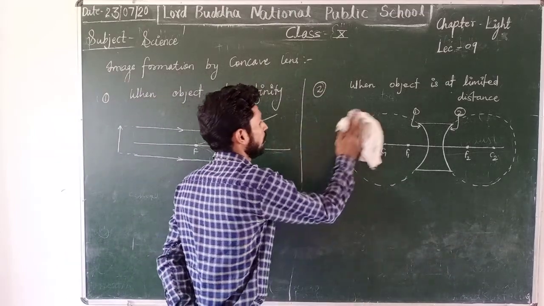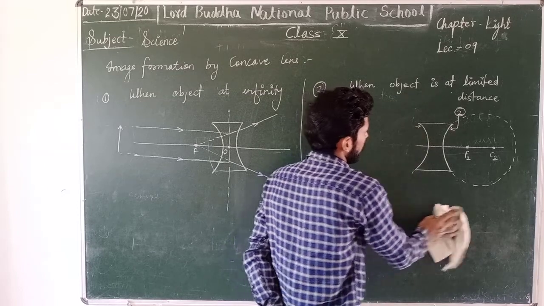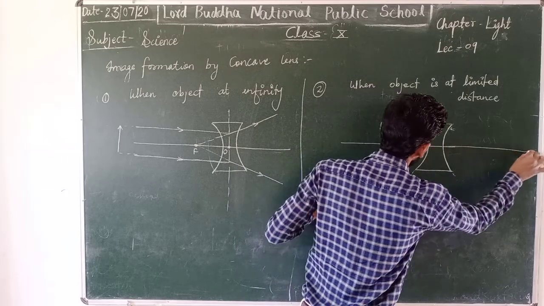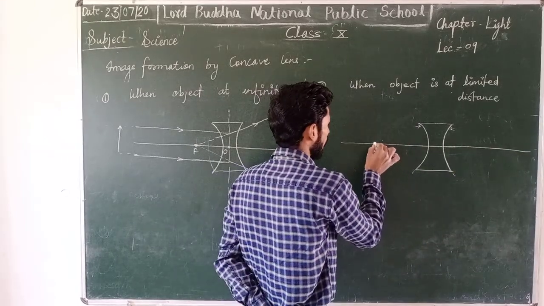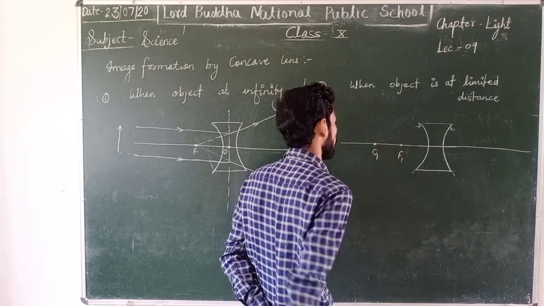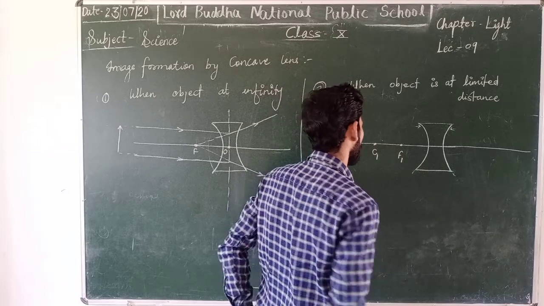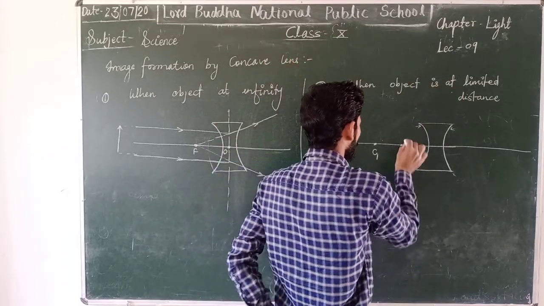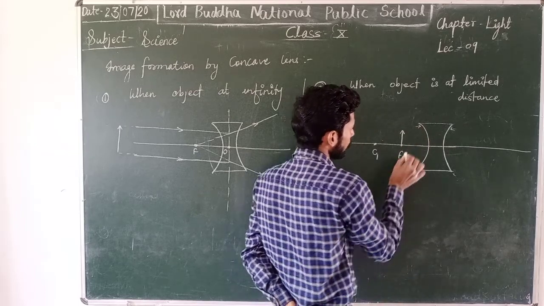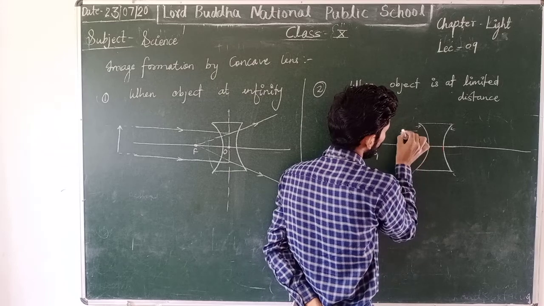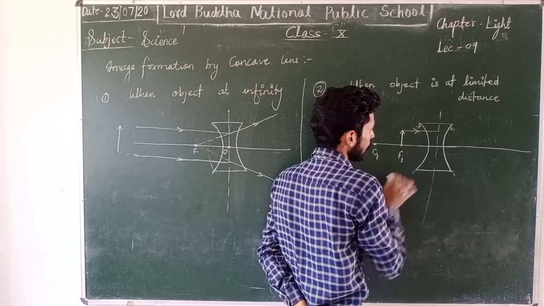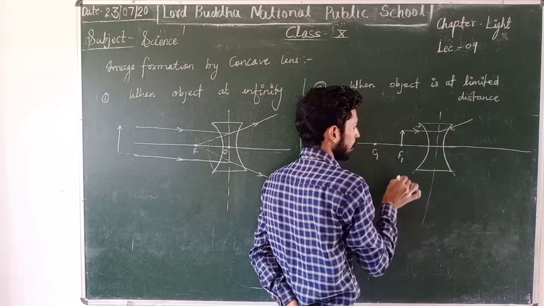the secondary focus and the secondary center of curvature should be on the right side of the lens in the case of concave lens. So in this case, we have to place the object at a limited distance. Suppose that here are points C1 and F1. In this case, if we put the object at focus F, then a ray of light going parallel to the principal axis will be diverged.